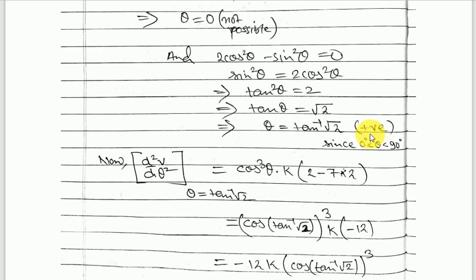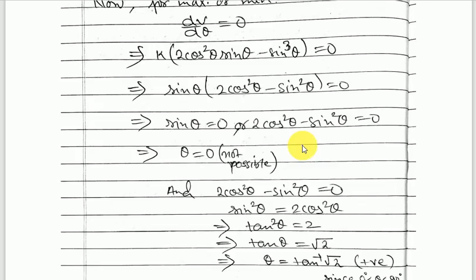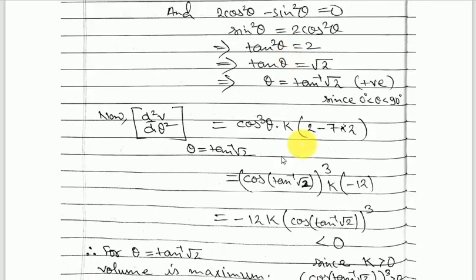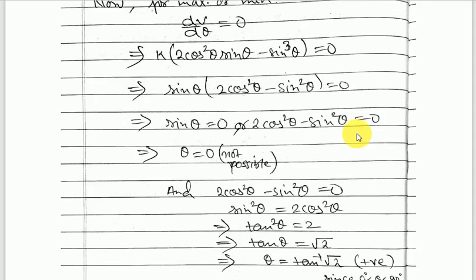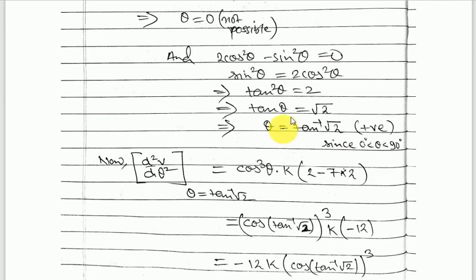Now we'll find the second derivative for theta equal to tan inverse root 2. Our second derivative is cos cube theta into k times in bracket 2 minus 7 into 2. Because here we have tan square theta, in place of tan square theta we can put 2.